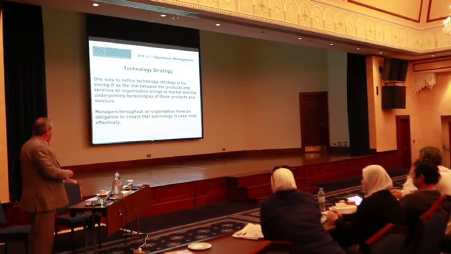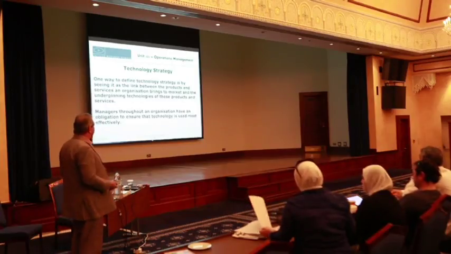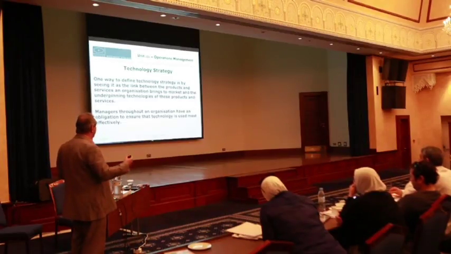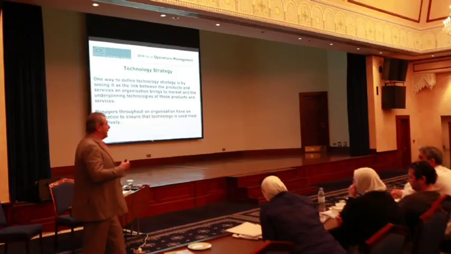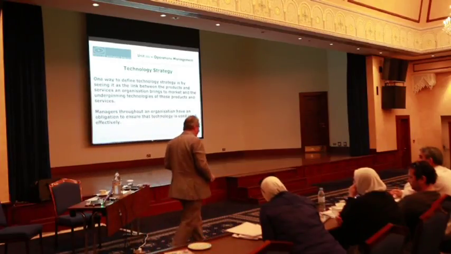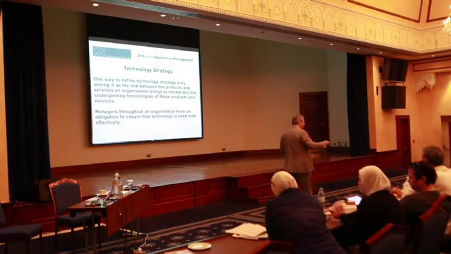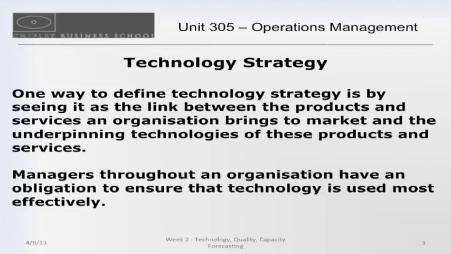One way to define technology strategy is by seeing it as that link between the products and services an organization brings to market and the underpinning technologies of these products and services, the driving force. I use an example later about an ERP system, an enterprise resource planning system, which we talk about next week and also in the final week. An enterprise system looks at an organization as an organization.